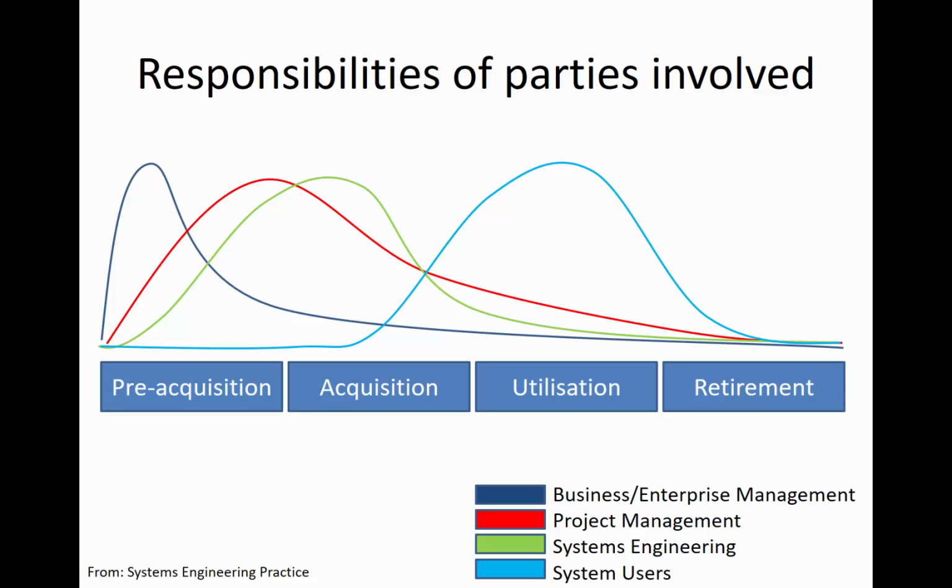Then we have the systems engineers in the acquisition stage who will be doing a whole lot of the process relating to formalizing needs and requirements, developing system specifications, and working in concert with the detailed design engineers of mechanical, electrical, or whatever field that they're in to create the system and actually build and design the system.